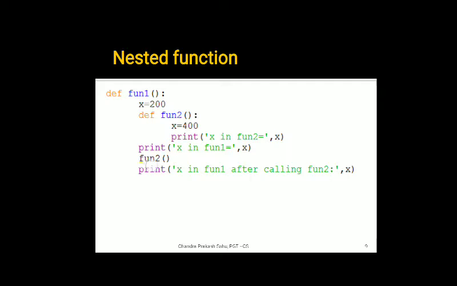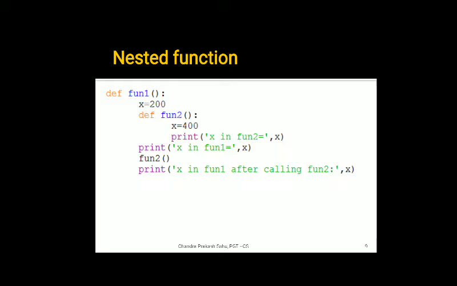In the next line, fun2 is called. So when this function is called, the interpreter will execute x equals 400 and then print x in fun2. Now x is 400.